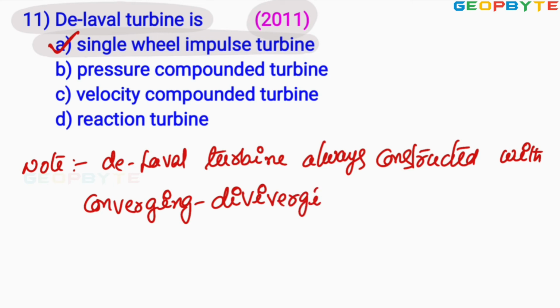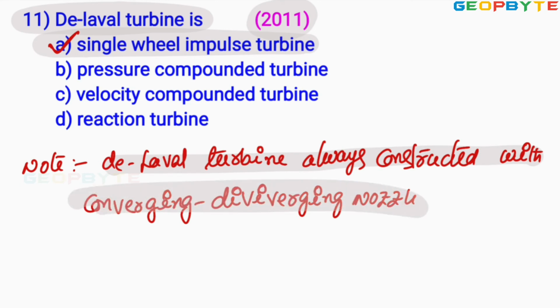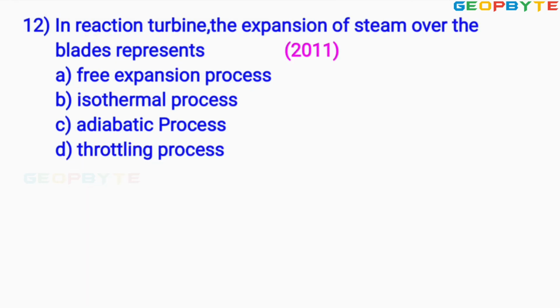This point is very, very important. So the De Laval turbine is always constructed with a converging diverging nozzle. Anyhow, the De Laval turbine comes under the single wheel impulse turbine or simple impulse turbine. Let us go for the next problem. Look at the 12th problem.